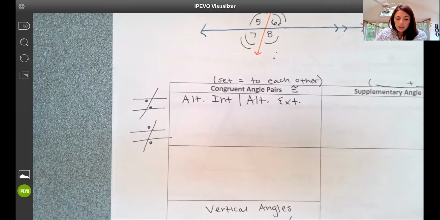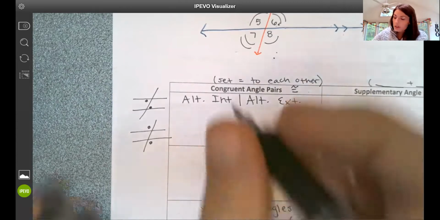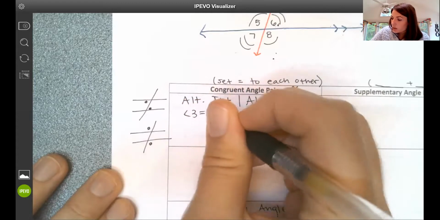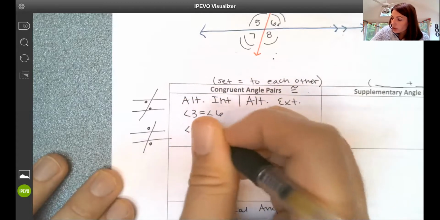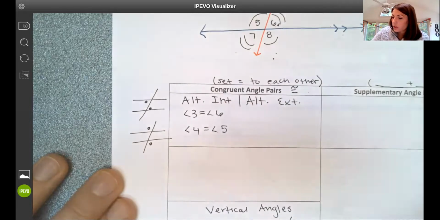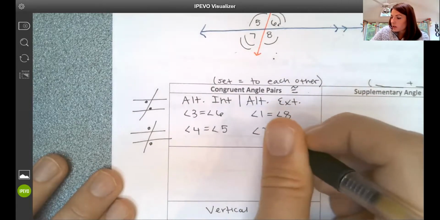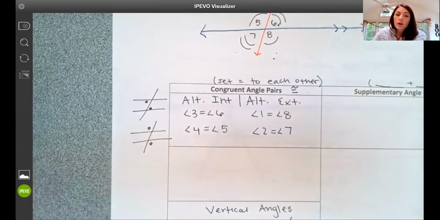So now when we see a diagram, we know that we can set angle 3 equal to angle 6, angle 4 equal to angle 5, angle 1 equal to angle 8, and angle 2 equal to angle 7. That my alternate interior angles are also congruent angle pairs, equal to each other in measurement.